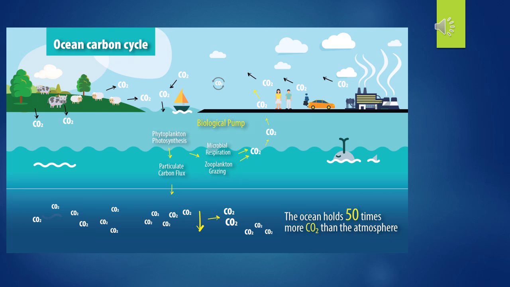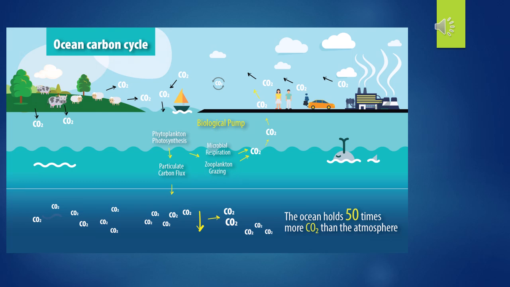If you look at this in the ocean, we have what we call a biological pump, where phytoplankton capture a lot of carbon, and some of that will eventually fall to the bottom of the ocean. This is actually how fossil fuels were formed, by ancient algae and plants that went to the bottom.